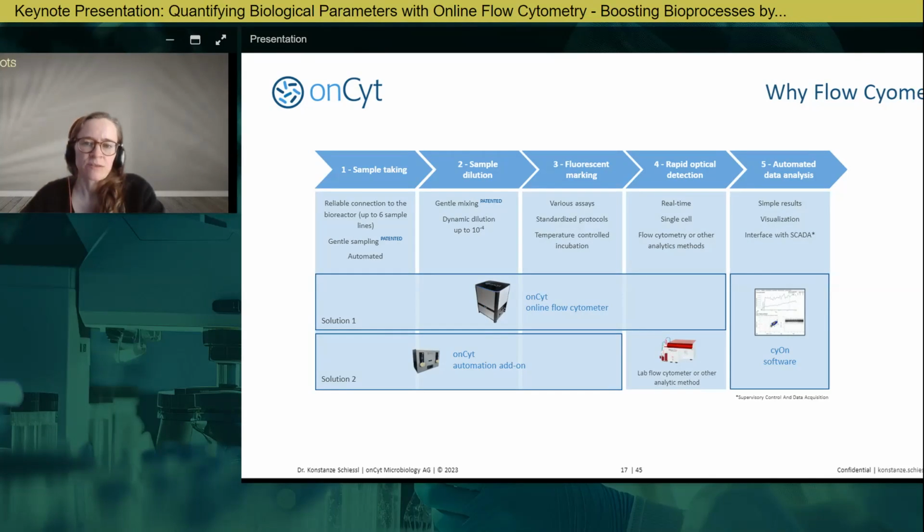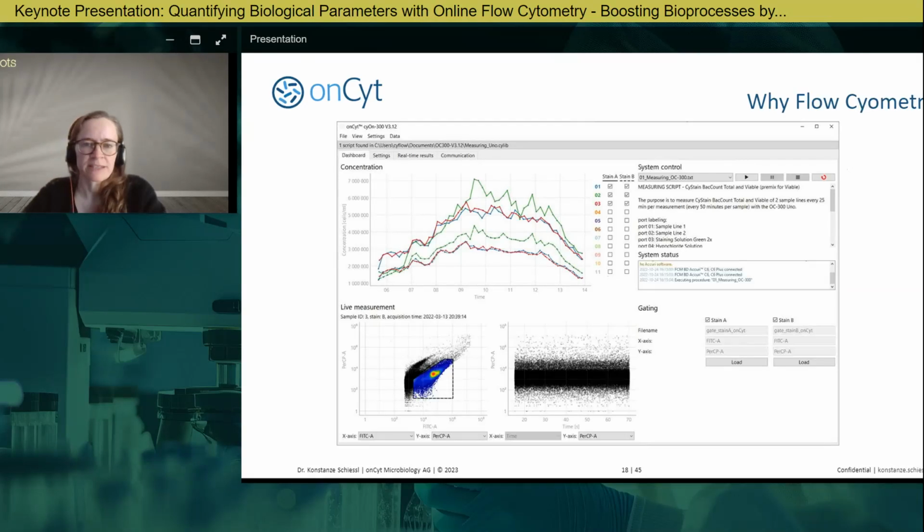And then, after the staining has been prepared and incubated, we feed it into the flow cytometry unit and measure it, and then you get automated data analysis. Then it looks a bit like this. In the end, you see, for example, concentration of different total and viable cells in different bioreactors.